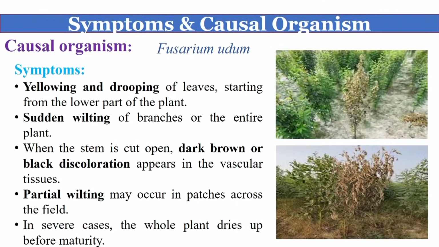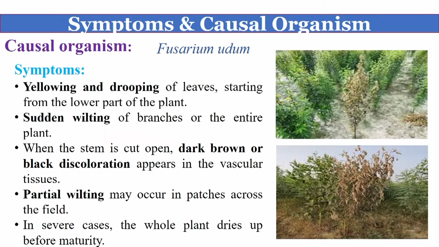And the symptoms of this disease are yellowing and drooping of the leaves, the plant gets stunted, and sudden wilting may happen in the branches as well as entire plants.